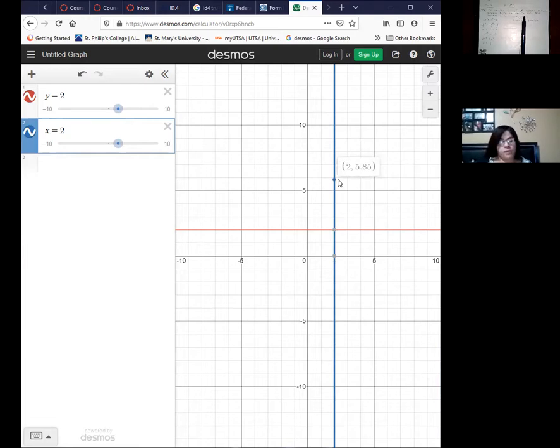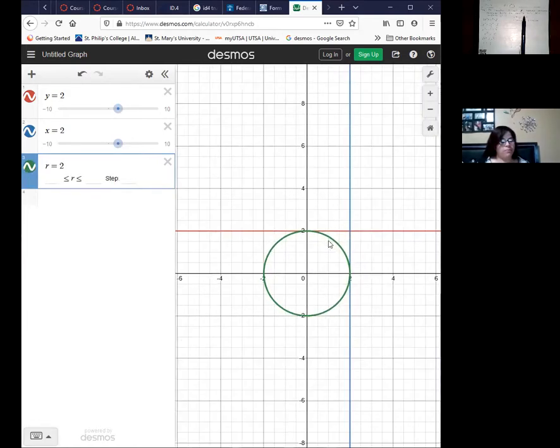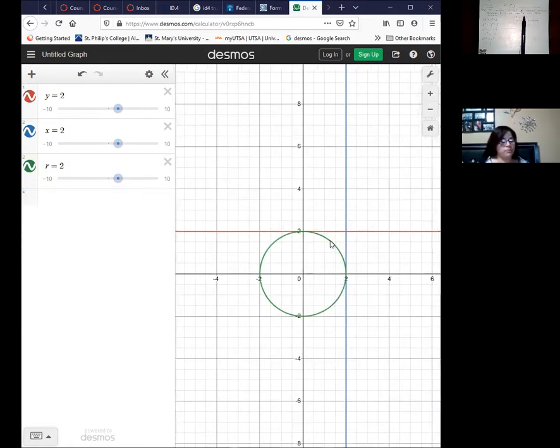Back before college algebra. So if there is no theta, basically your radius is 2 for all angles. Meaning, here's my circle.